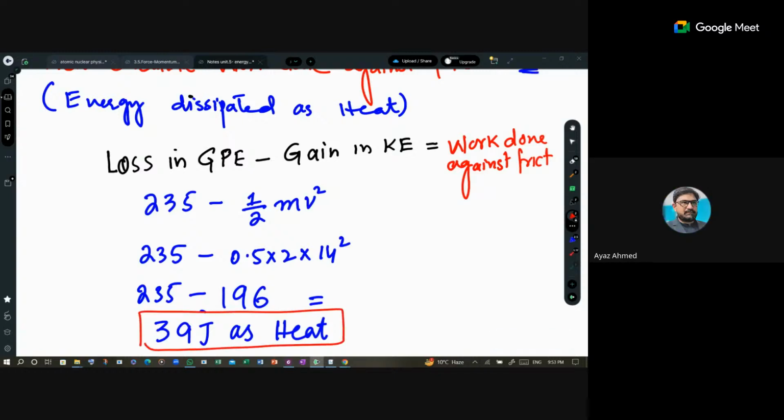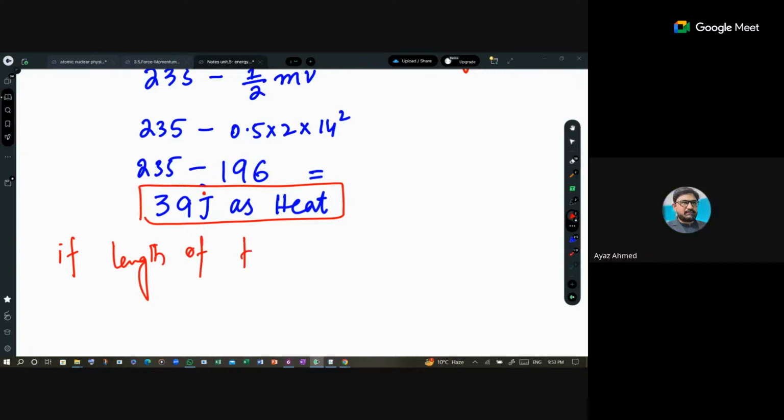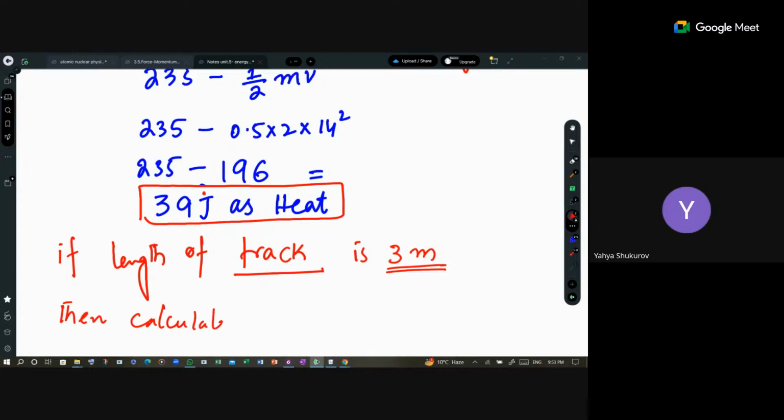Now, if I say the length of the track along which this ball moved is 3 meters, then calculate the friction force. How to calculate friction force?